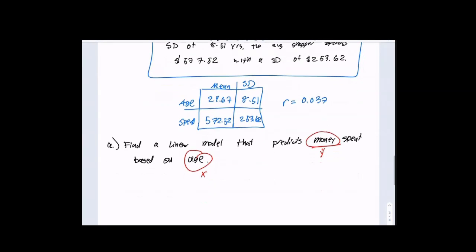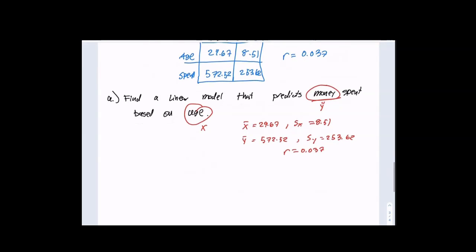Okay. So now x bar is 29.67, Sx is 8.51, y bar is 572.52, Sy is 253.62, and of course, R is 0.037.